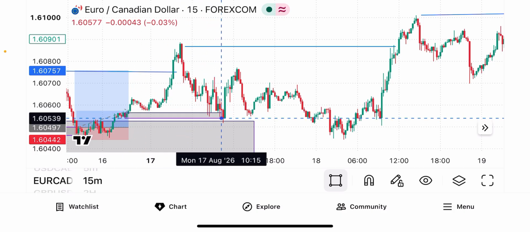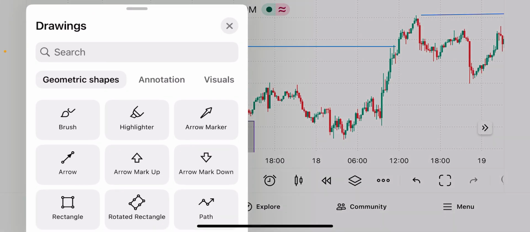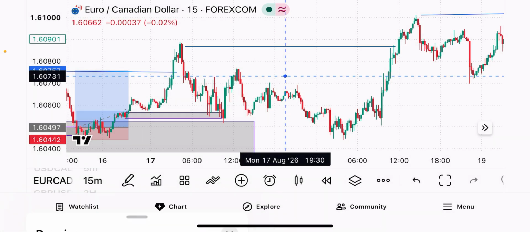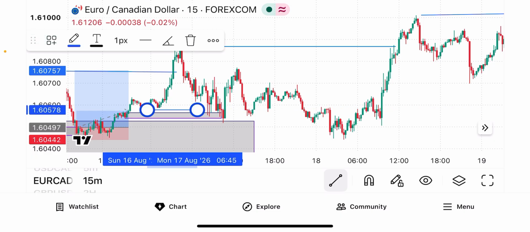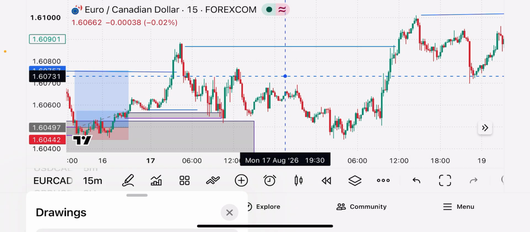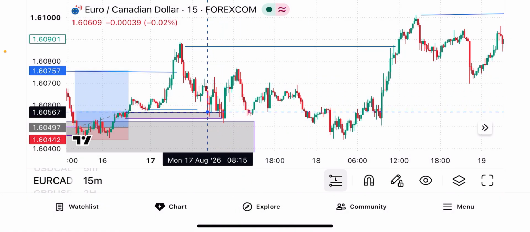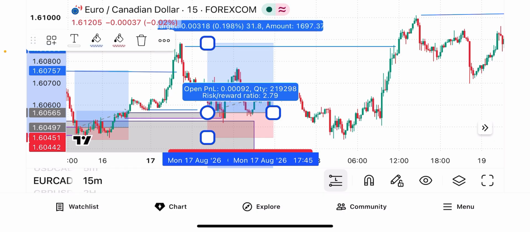Then this low as my inducement protecting the order block. So my stop loss is here, this is what I added on this particular setup. Then I was targeting this high next as my big structure to the upside.